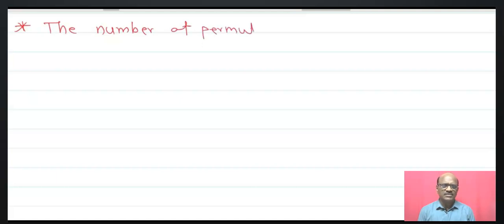These are the formulas that you have to remember. I will apply all these types of formulas when our exercise starts.